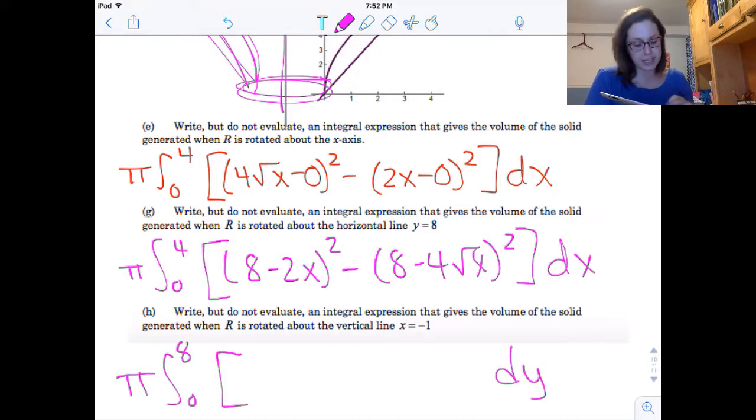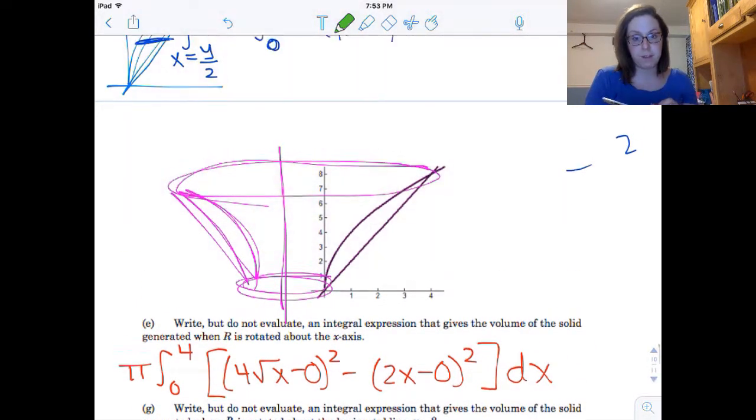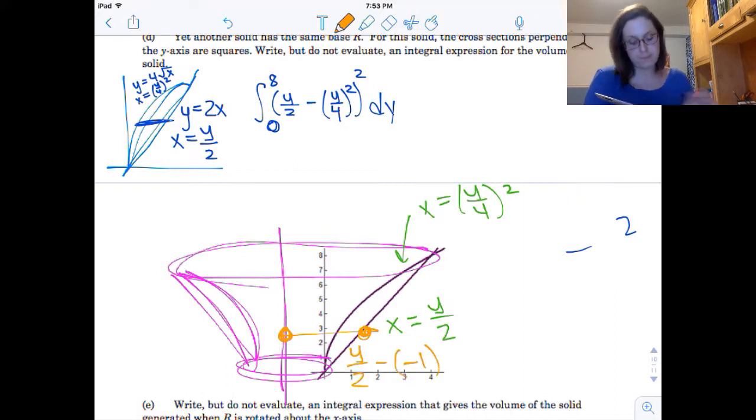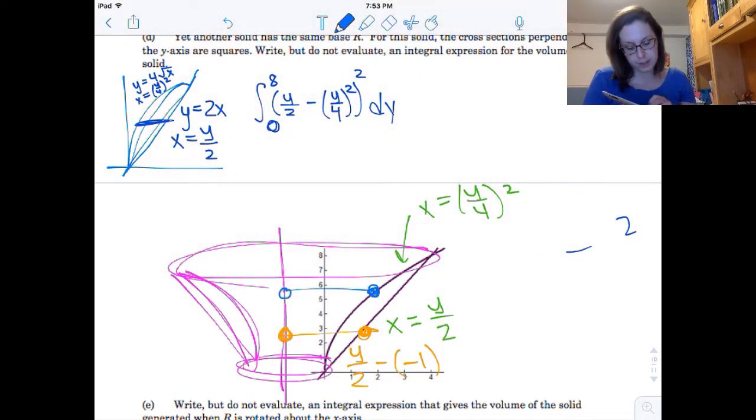And I need to get my outer and my inner radius. So again, I'm going to rewrite these in terms of y. So x equals y over 2, and x equals y over 4 squared. So outer radius, your outermost radius from the axis of revolution to there is y over 2 minus negative 1. Your inner radius from here to the axis of revolution is y over 4 squared minus negative 1.